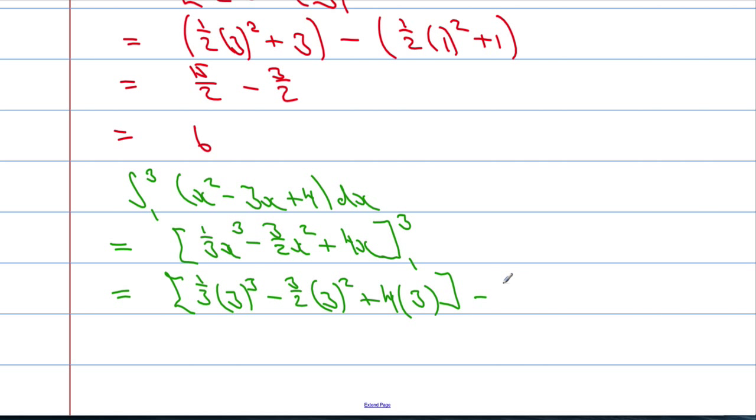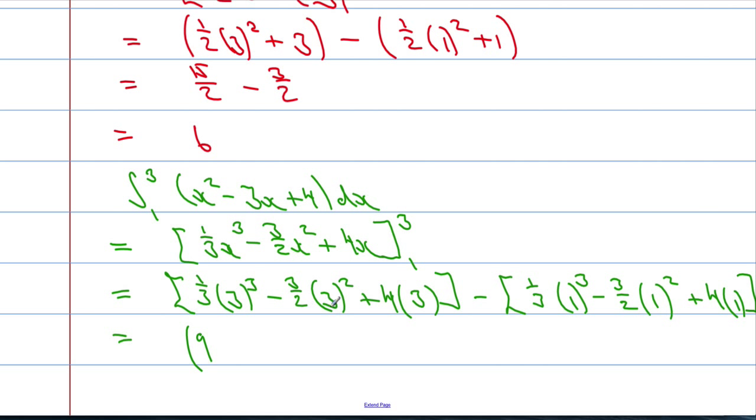And I need to take away that lower limit: 1 over 3 times 1 cubed minus 3 over 2 times 1 squared plus 4 times 1. Okie doke. 3 cubed is 27 times a third is 9. I'm using square brackets here. They could be curly brackets as well.